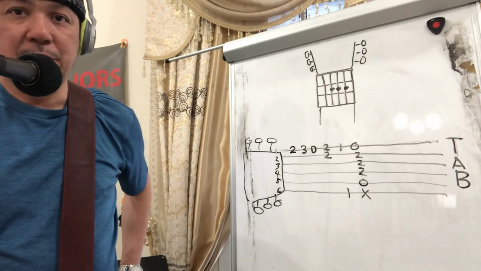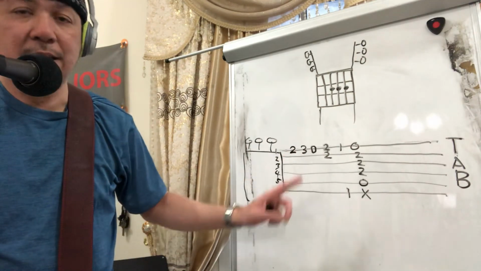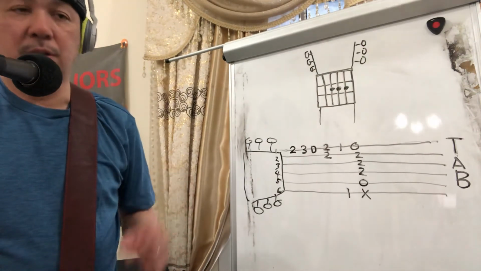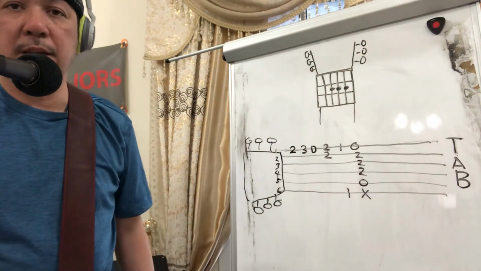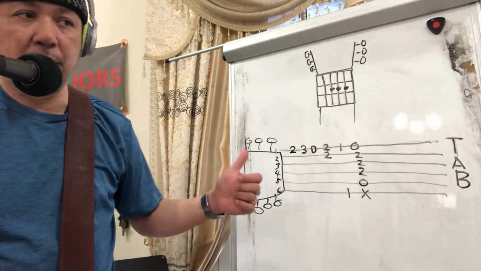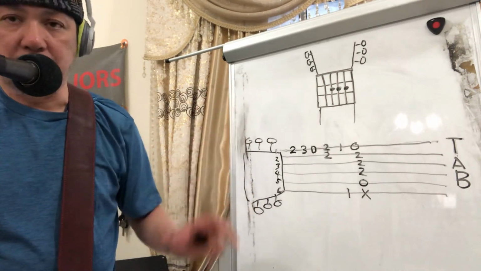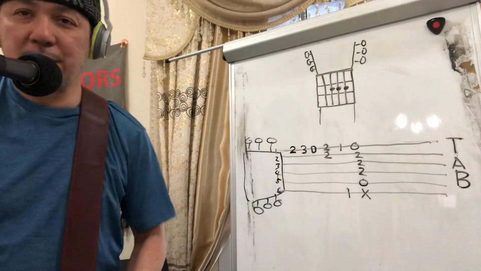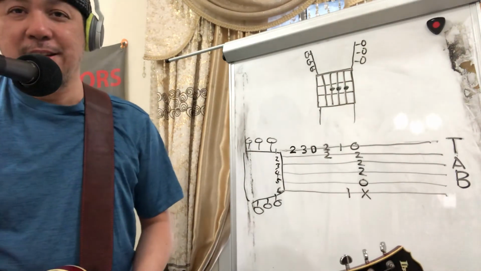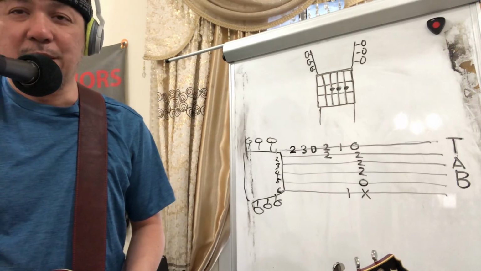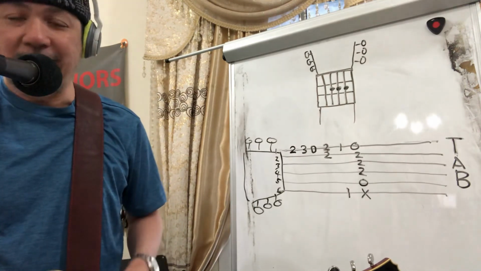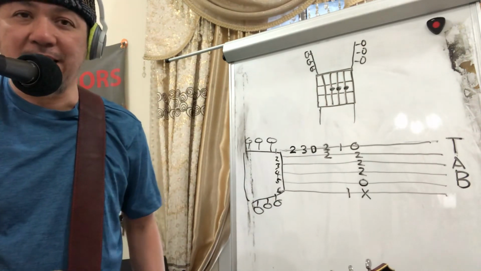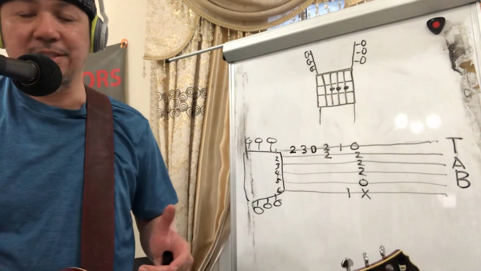But in a tablature, it tells you exactly how to play note for note each particular part of the song. So for example, I'm going to teach you a certain introduction of a song. I cannot just tell you the chords and you will get it as per the actual technique that they used in the song.